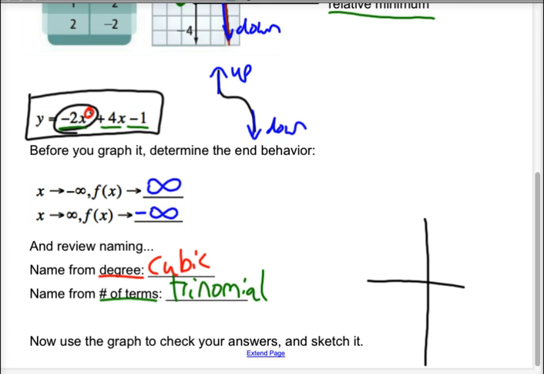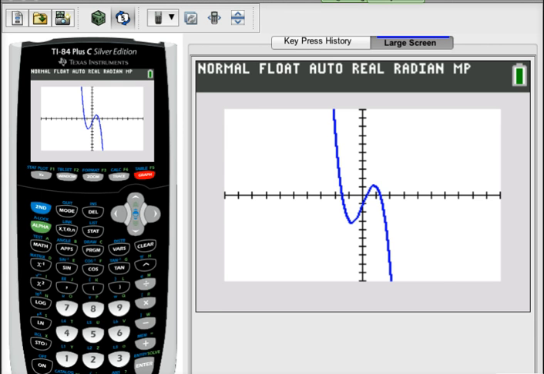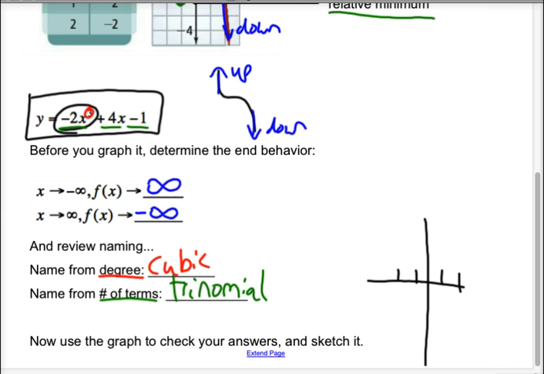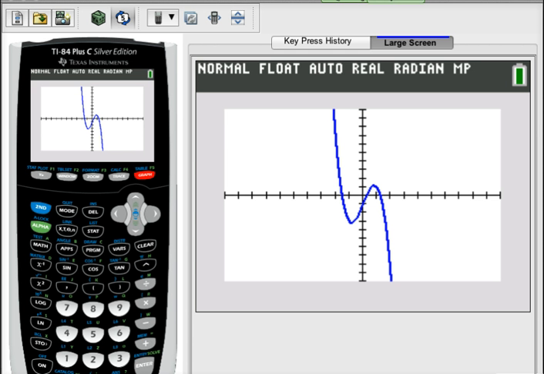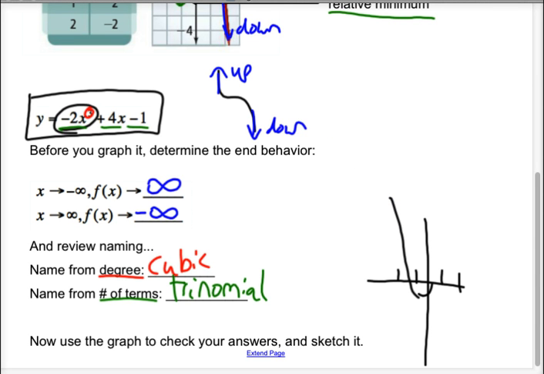So as you're looking at your calculator, you can see how it's coming down, crossing in between here, then coming back up, crossing here, coming back down. So when I say sketch, I don't mean actually draw a thorough graph. I just mean sketch appropriately what it looks like so you have an idea of what that graph looks like. Okay?